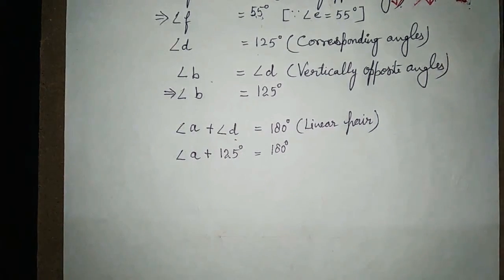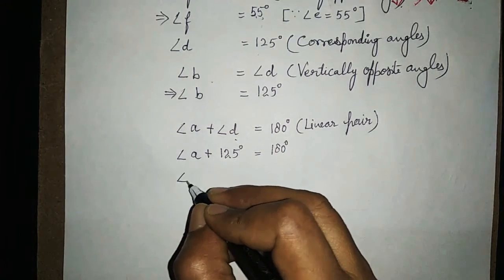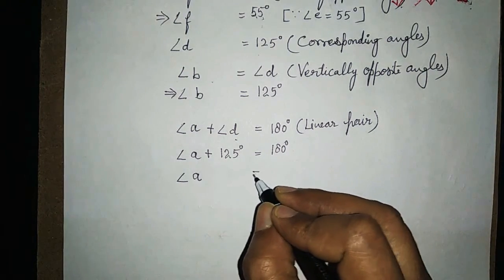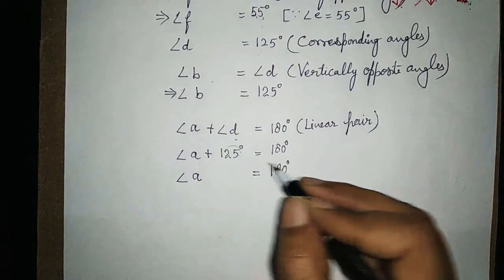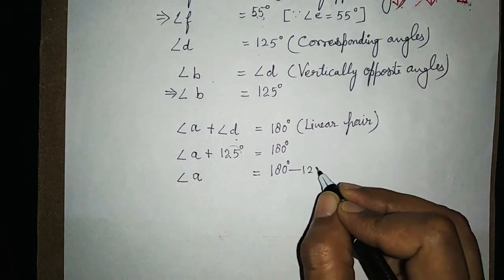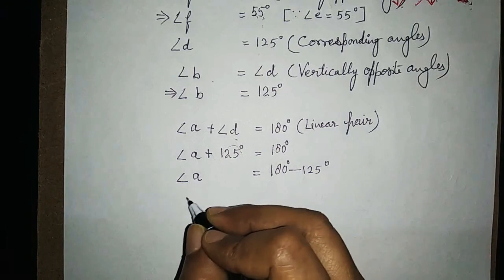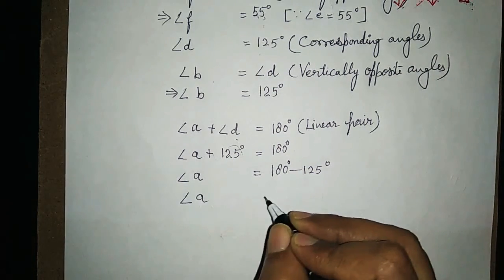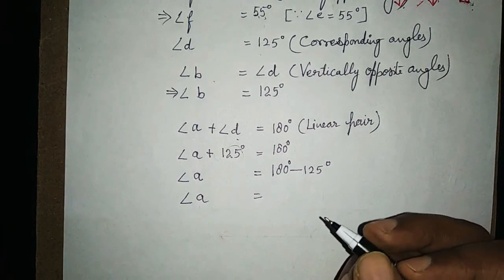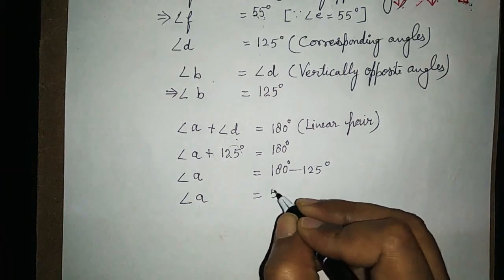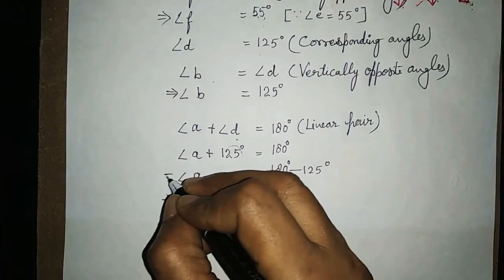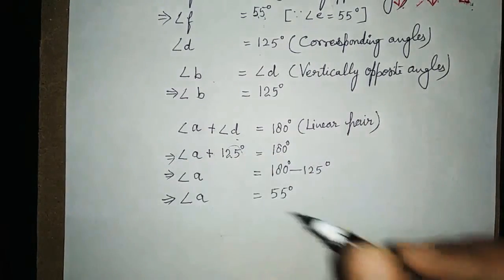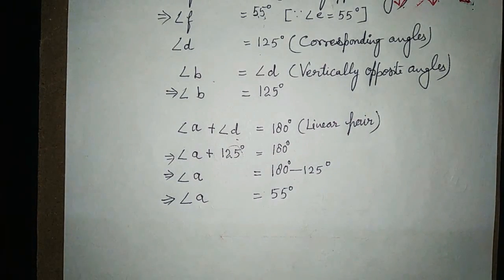Now we can calculate the measure of angle A. To calculate A, we will transpose 125 degree to the right hand side, and then we will get 55 degree. Like this, we will find the measure of unknown angle A.